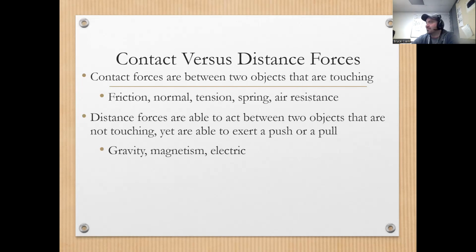Then magnetism. Everyone has seen two magnets work before, where they're not touching each other, yet there is a force pulling between them, and they should be attracted to each other or repelled. And then electric forces also do not require touching.